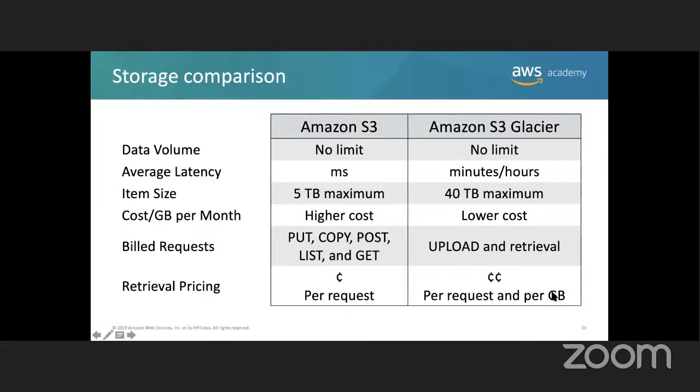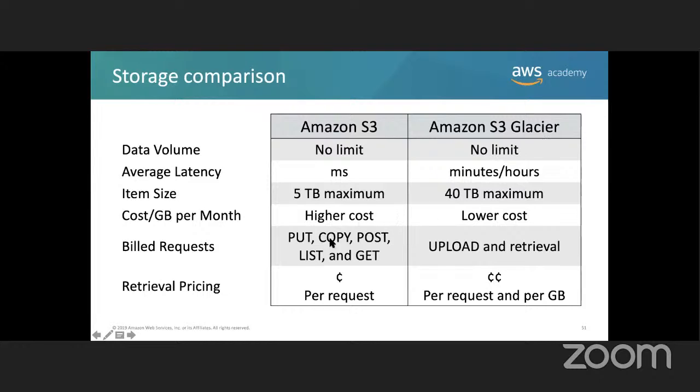Again, no limit for each of them. This will take you milliseconds to have it. This will take you minutes or hours depending on the retrieval option that you choose. 5 terabytes maximum per object for S3, and 40 terabytes maximum per object or per archive for Glacier. It's going to be more expensive to store in S3, and cheap compared to S3 in Glacier.